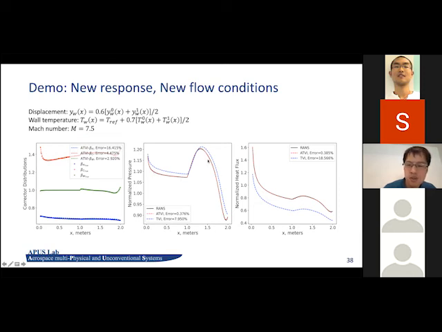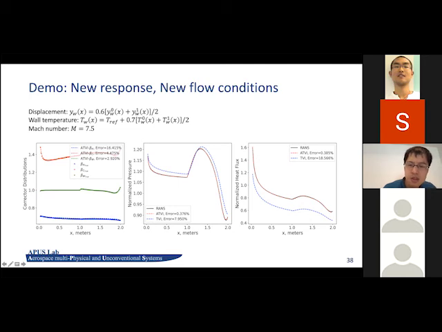Here we are able to capture almost exactly the pressure and the heat flux of interest, which is the output of the fluid system. As a comparison, the uncorrected lower order model is rather off, especially for the heat flux. It's about a 20% error.